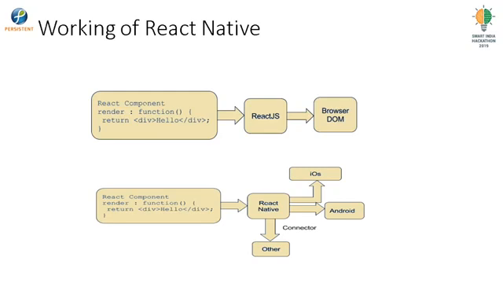React components return markup from their render function, which describes how they should look. With React for the web, this translates directly to the browser's DOM. For React Native, this markup is translated to suit the host platform, so a view element becomes an Android-specific text view.